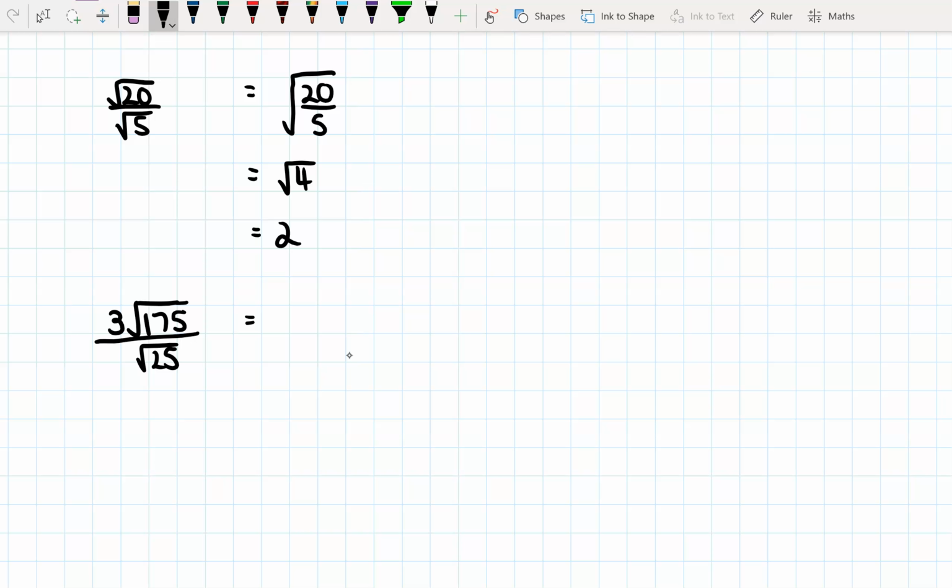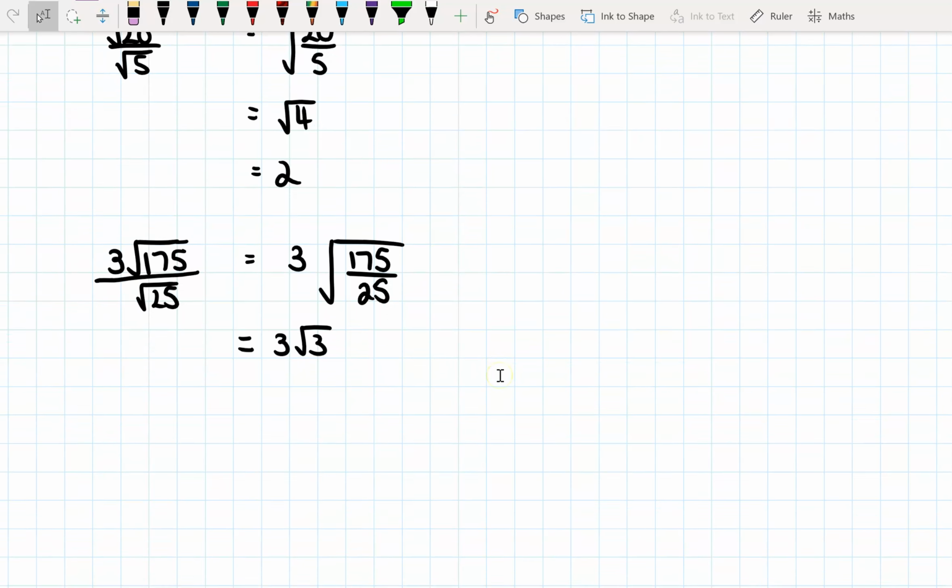In this case, we've only got one coefficient here, so we just have 3. So we know we're going to keep the 3 here. Then we have the square root of 175 divided by 25. 175 divided by 25 is 3. So we have 3 root 3. That one's pretty nice and straightforward.